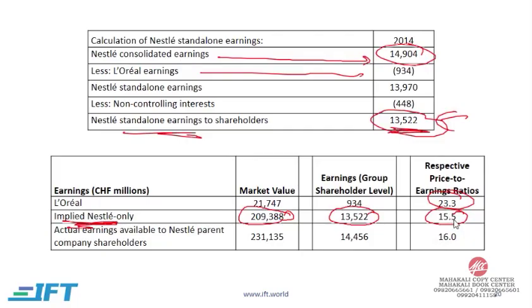So this is the PE multiple of Nestle only. When we look at Nestle with L'Oreal, then we are taking the entire market value of Nestle, the entire earnings number, and we have a higher multiple. So notice that Nestle alone has a lower multiple.